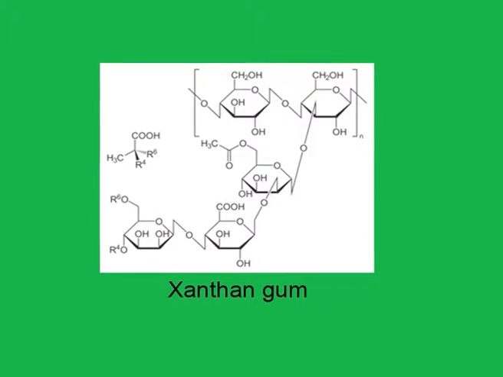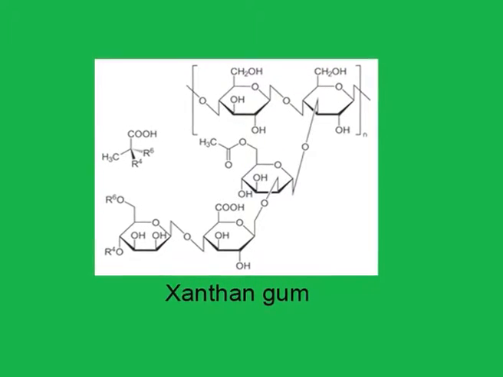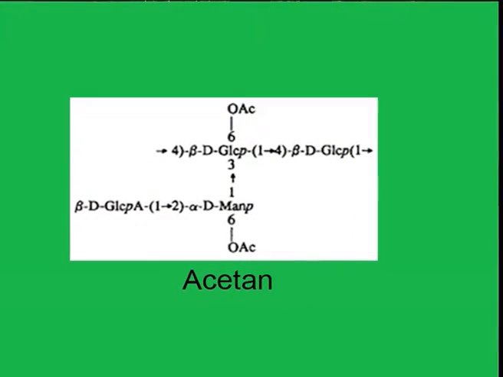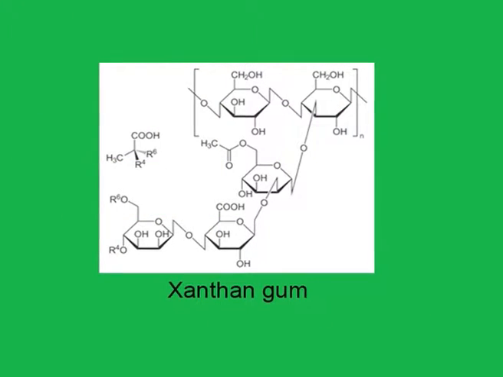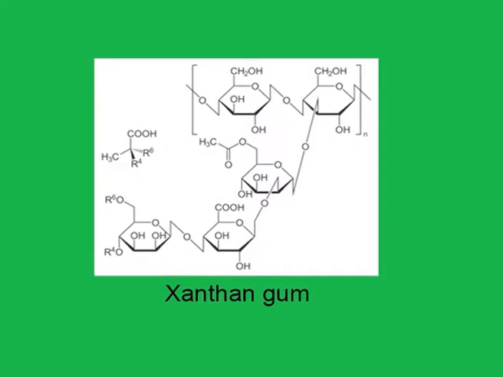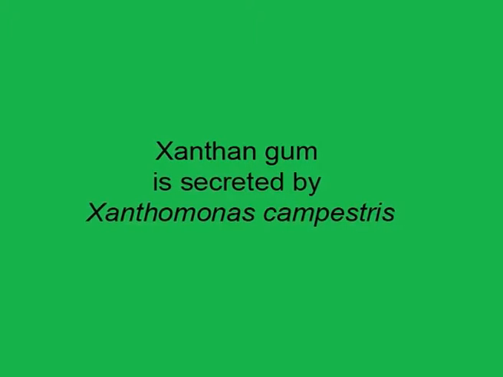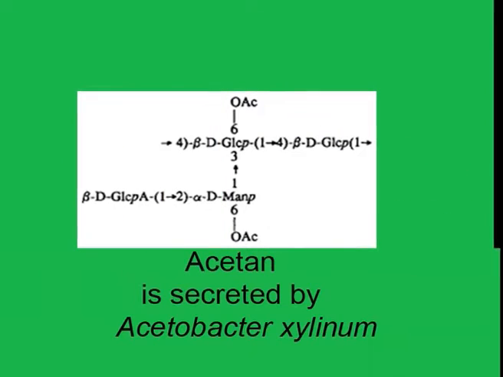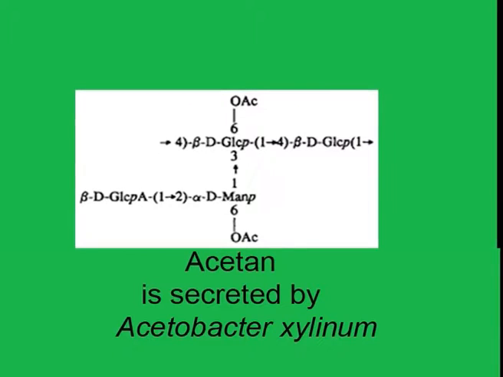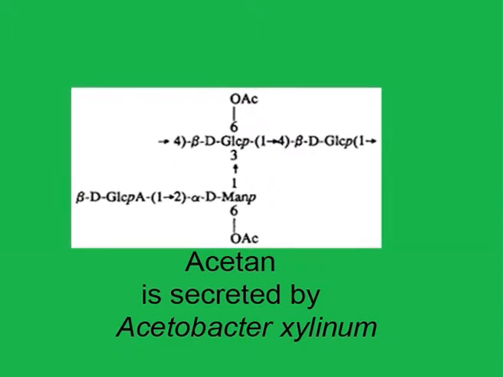Some bacteria form gums, xanthan gum and acetan, which are sticky materials. Xanthan gum is secreted and has very important commercial uses. It is secreted by Xanthomonas campestris, and acetan by Acetobacter xylinum. These are all polymeric compounds, byproducts of bacterial metabolism.